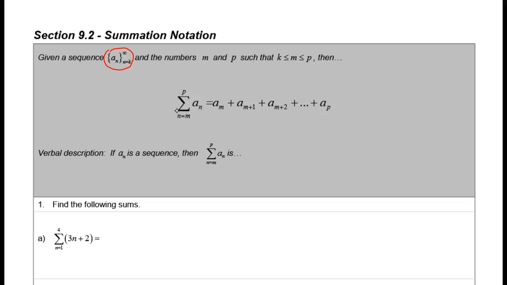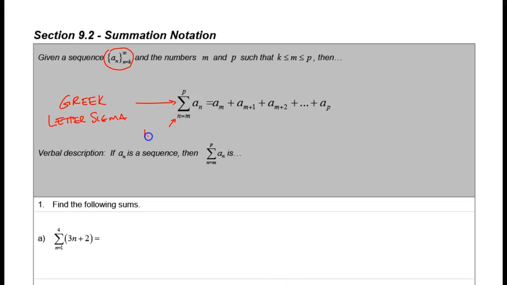So let's decode all of the symbols here in this statement. I'll first start off by saying that this big, strange symbol, that's the Greek letter sigma. Then I'm going to talk about this letter n right here.